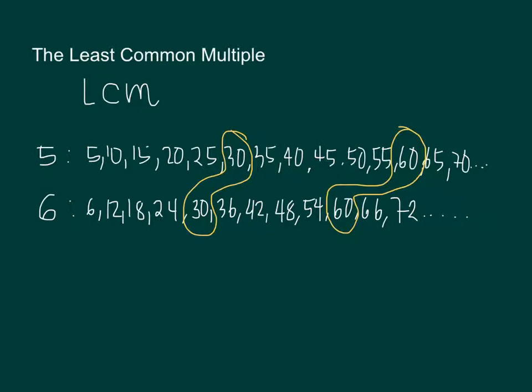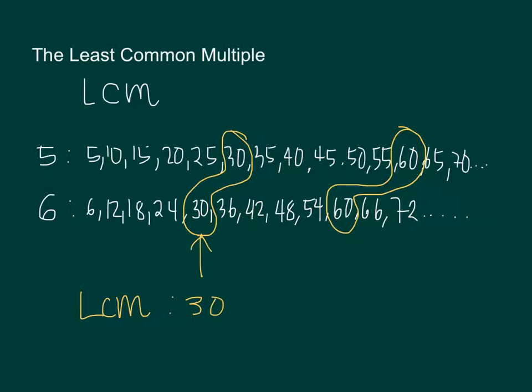But if we want to identify what is the least common multiple, that means the lowest common multiple of two numbers, we pick the smallest of them. So in this case, the least common multiple of 5 and 6 is actually 30. So this is the least common multiple of 5 and 6. It's the first common multiple of 5 and 6.